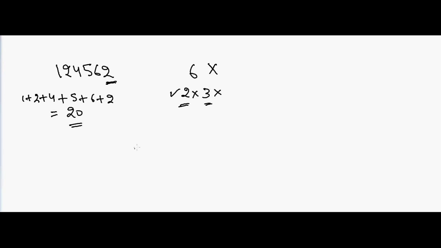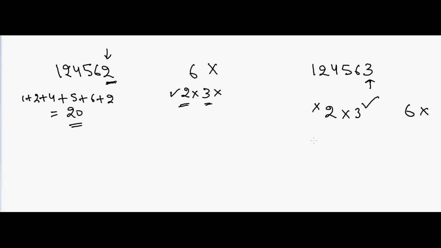So this number should not be evenly divided by 6. But how can we modify this? We can modify this by changing the last digit. If I make it 1 2 4 5 6 3, it is divisible by 3 but not by 2, so it will still not be divisible by 6.